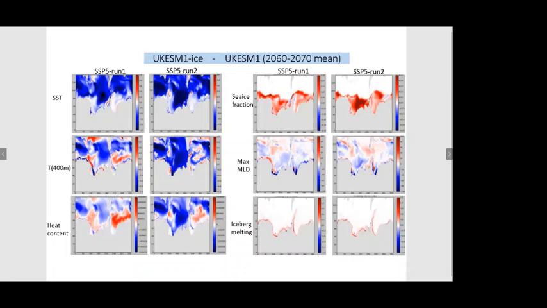This may reduce the warm bias if we use this for the present day or historical run, but for that it will be tricky because we don't have much observation around Antarctica. And from the subsurface temperature and the heat content, it reduced the deep convection around the Weddell Gyre.